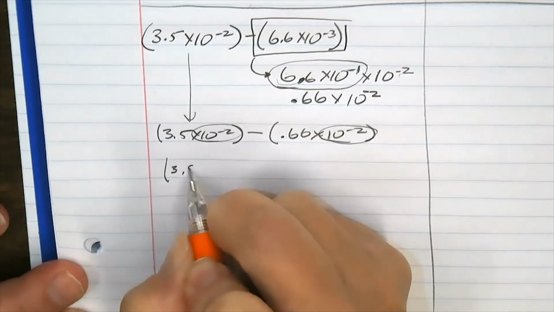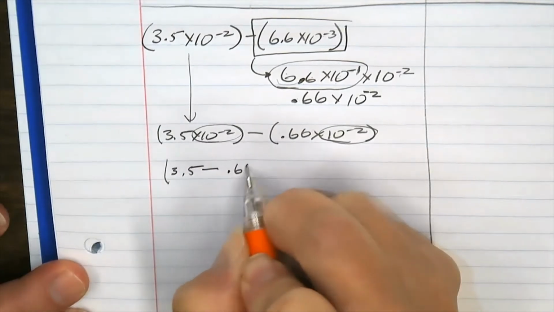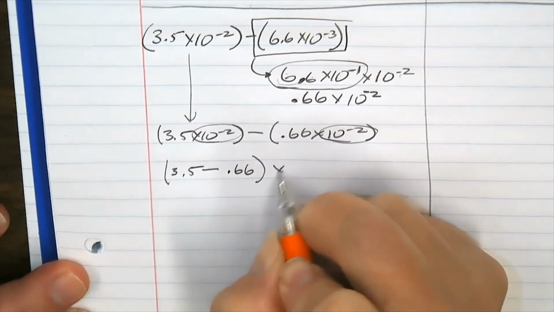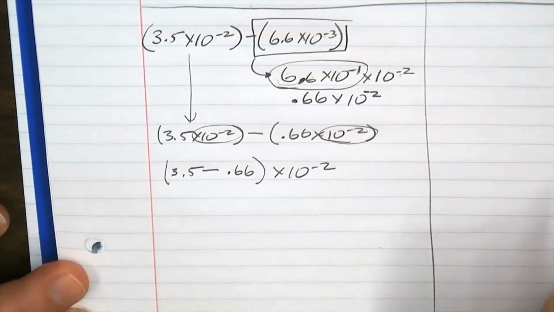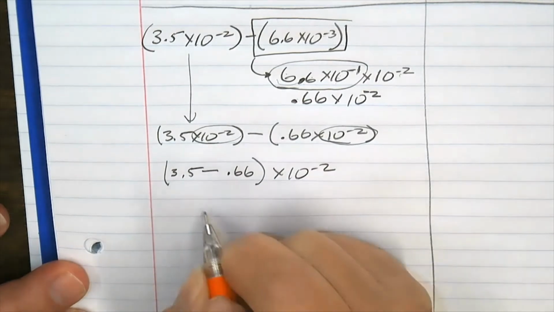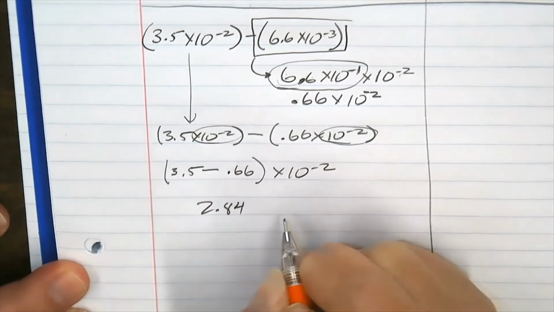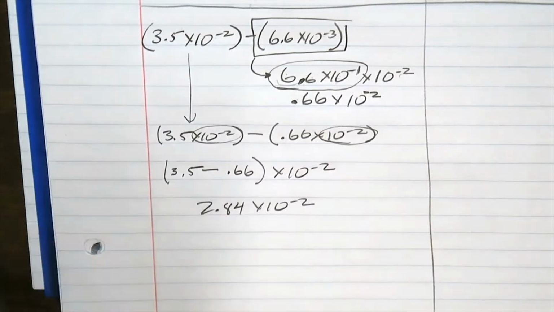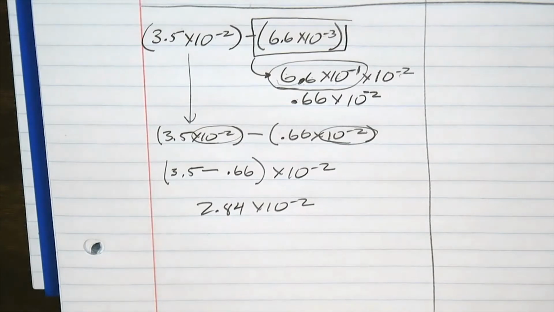So I've got 3.5 minus 0.66 times 10 to the negative 2. So 3.5 minus 0.66 is 2.84 times 10 to the negative 2. And since my first factor is already between 1 and 10, this is written in scientific notation. I'm done.